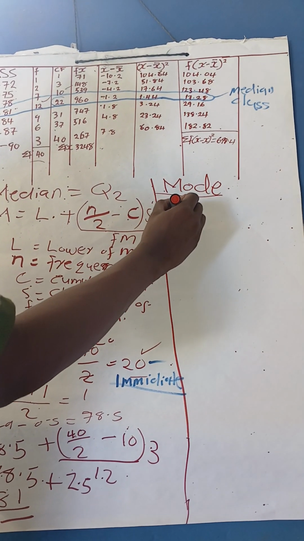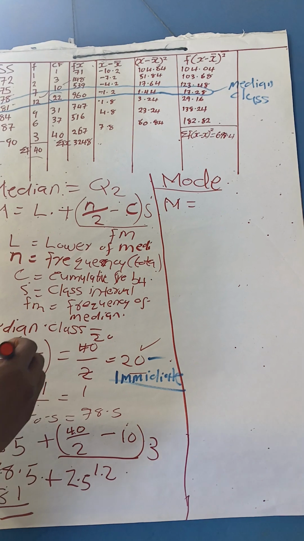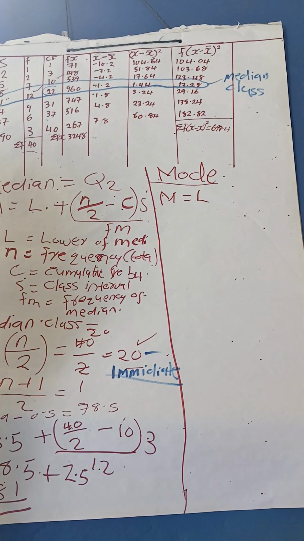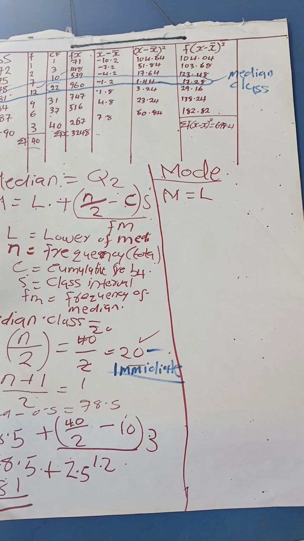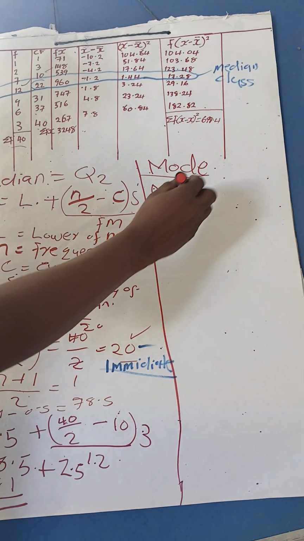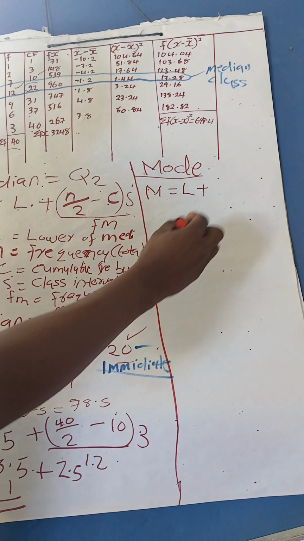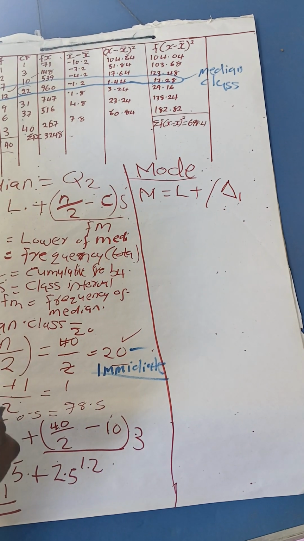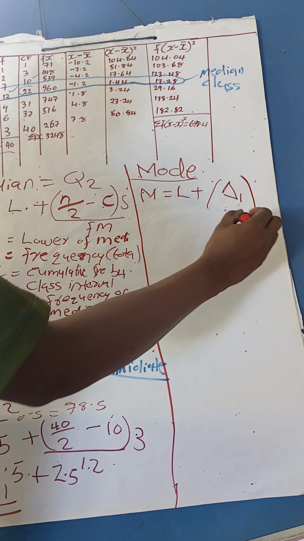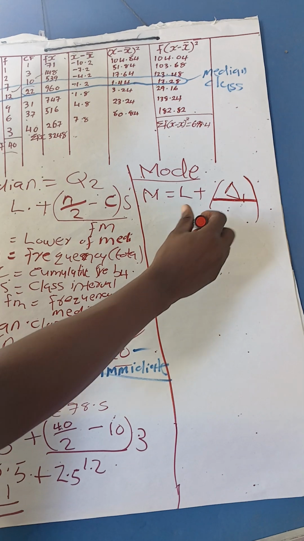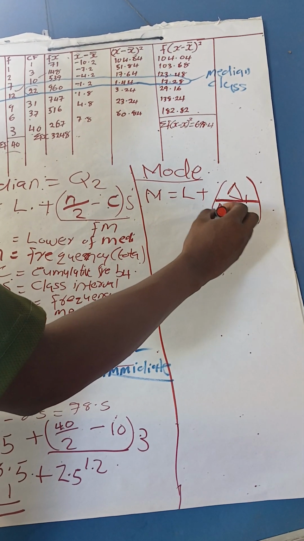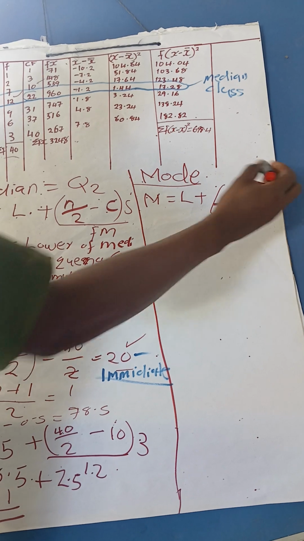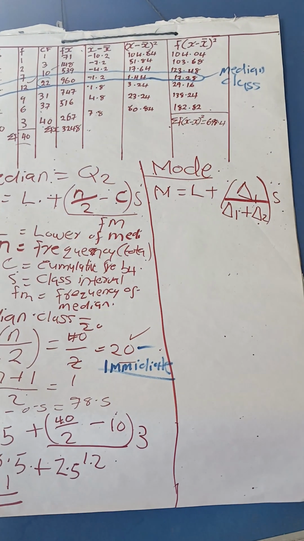Mode is equal to the lower class L, plus delta 1 all over delta 1 plus delta 2, then you multiply by the class interval. Very simple, that way.